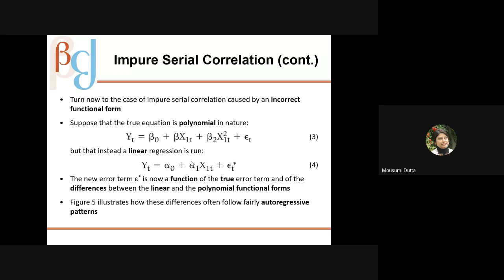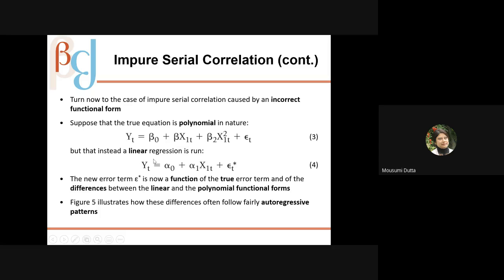You are considering a specification for Y_t. The true specification is basically Y_t equals beta naught plus beta 1 x1t plus beta 2 x1t square plus epsilon t.